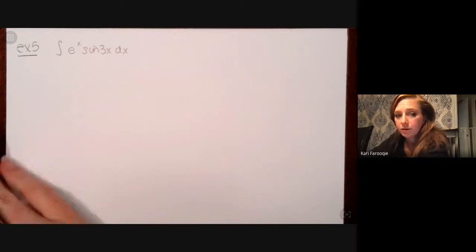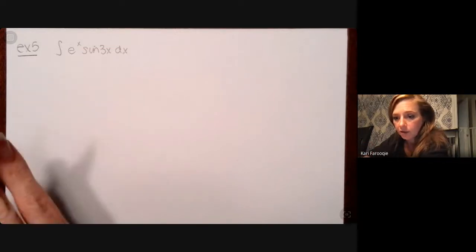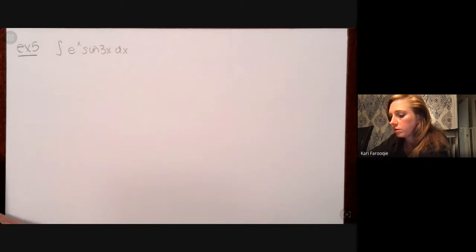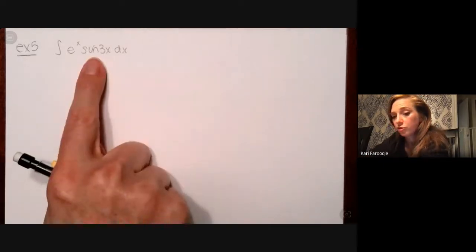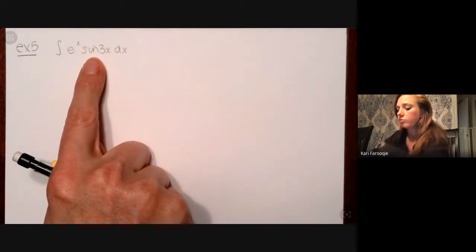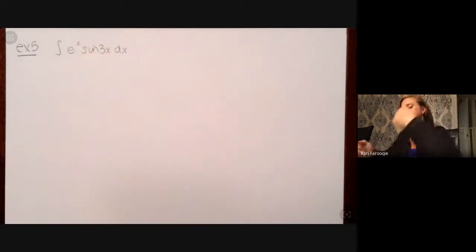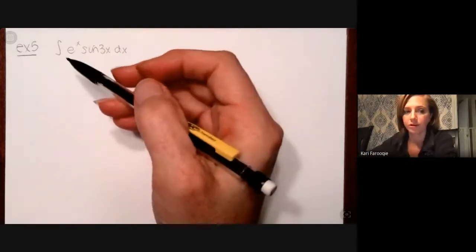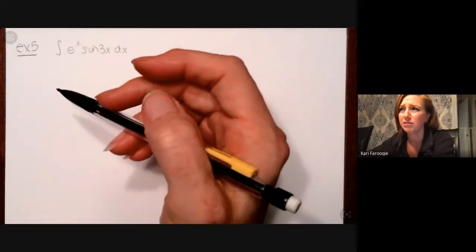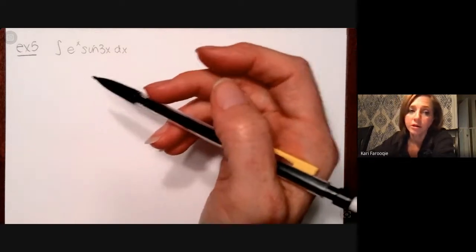If you're thinking along the terms of LIATE, you would be thinking, okay, let's maybe let the trig function be u. And that's fine. We can do that. If you want to, you could also let e to the x be u. And even though you're thinking, well, LIATE, e to the x would come last, that's true.